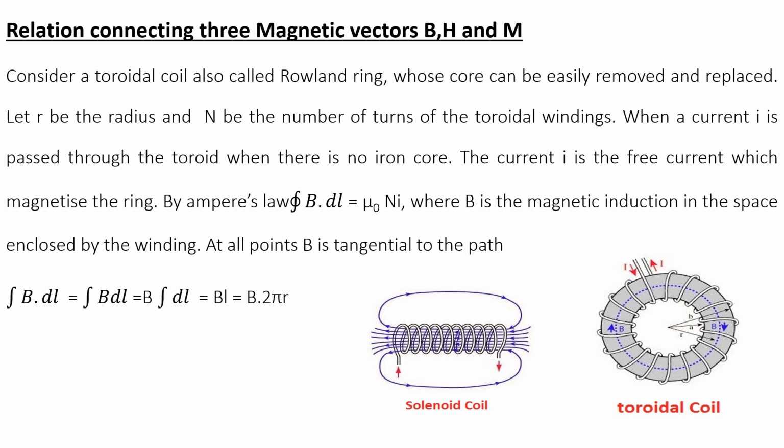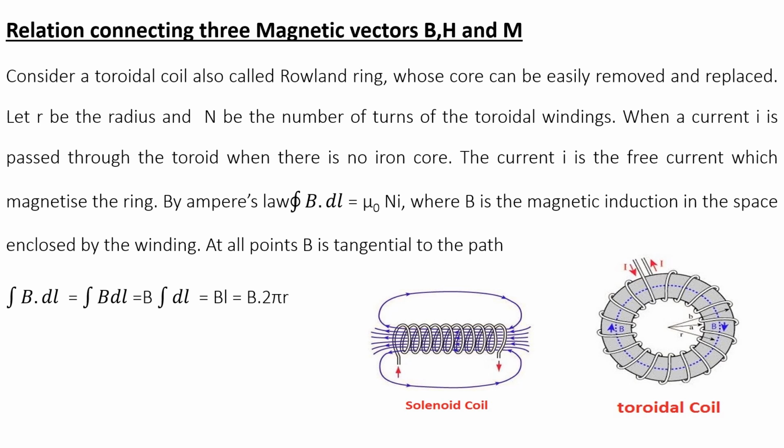When a current passes through this toroidal coil, it produces a magnetic field, and the current I is called the free current which magnetizes the ring. This current and the magnetic field can be related by a relation, and it is called Ampere's law.